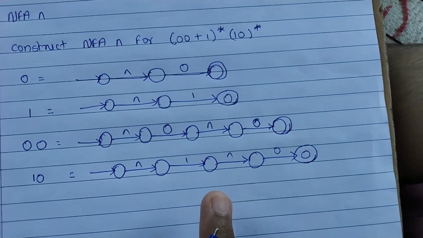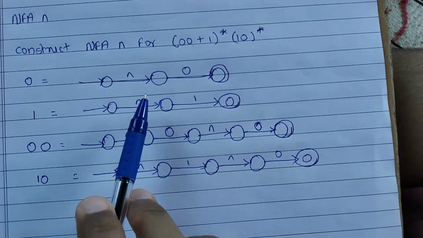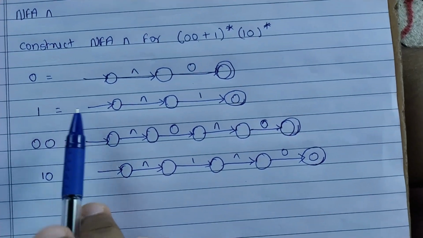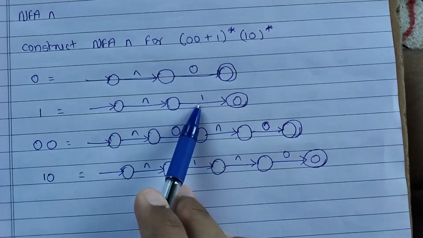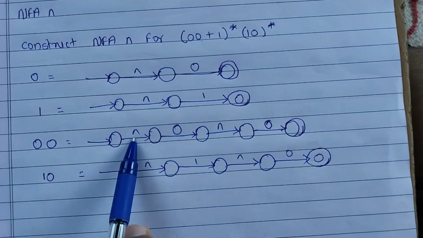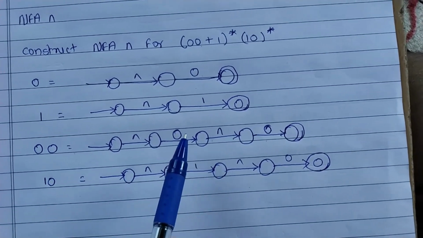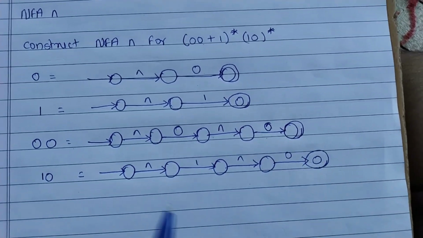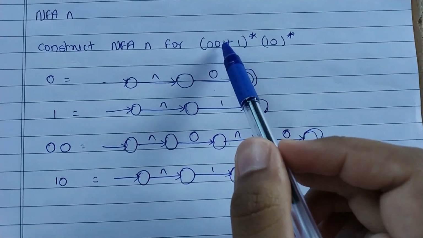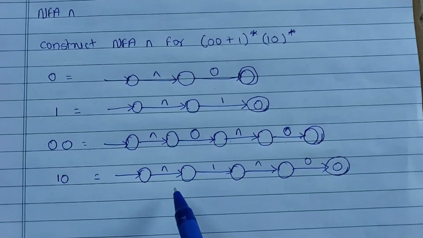So I hope you all get the idea. Each variable is written with the null state. First null state, then the 0 variable; for 1, first we write null, then 1. In front of this 0 0, first we write null state, then 0, again null state, 0. One by one we write null and then the variable. Same for here. Now one set of variables is completed.